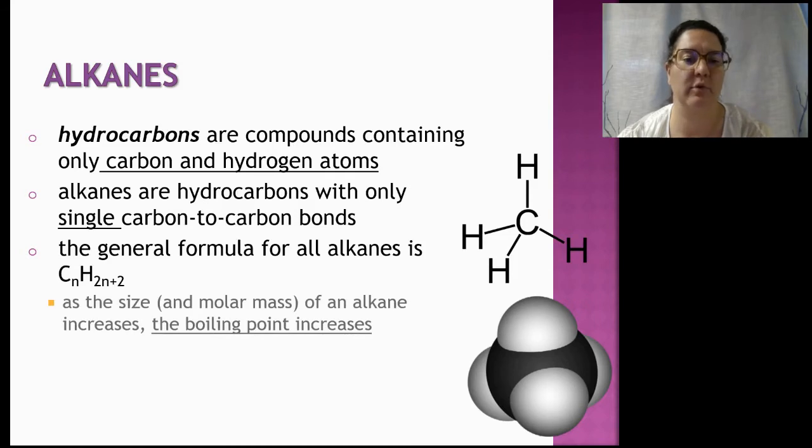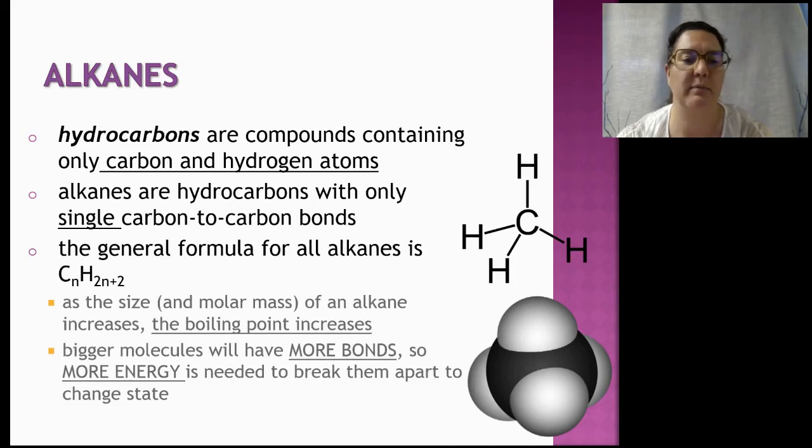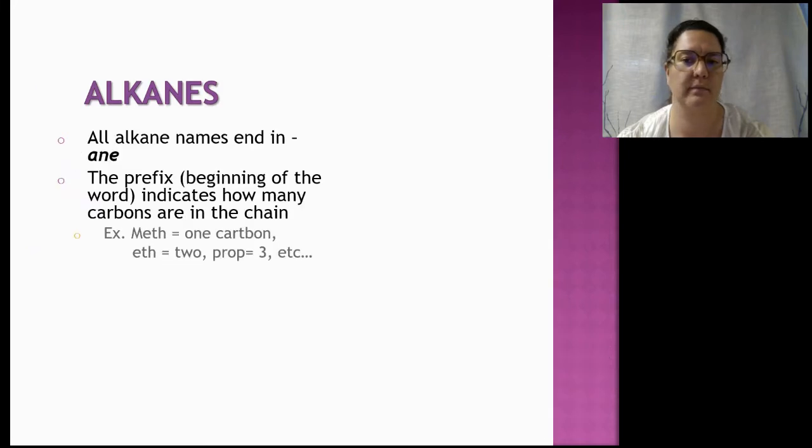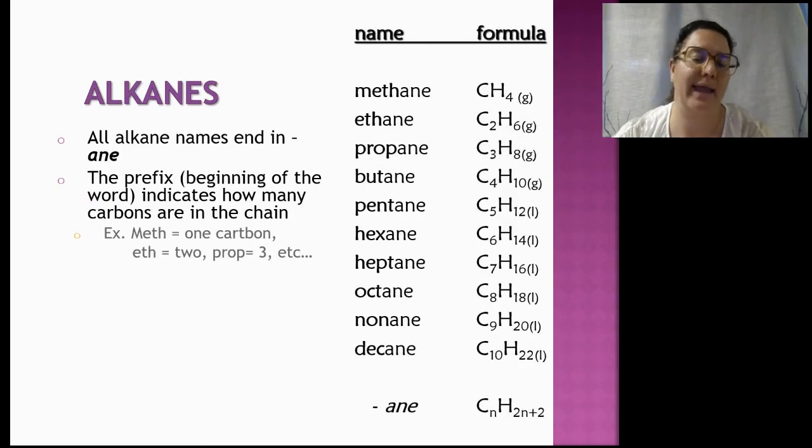As the size and molar mass of an alkane increases, its boiling point increases. The bigger molecules have more bonds, and then more energy is needed to break them apart to change their state. So the smaller a hydrocarbon is, the lower its boiling point. All alkanes, methane, ethane, end in -ane. That's the suffix of their single-bonded hydrocarbon. The prefix, meth-, eth-, or prop-, indicates how many carbons are in the chain.